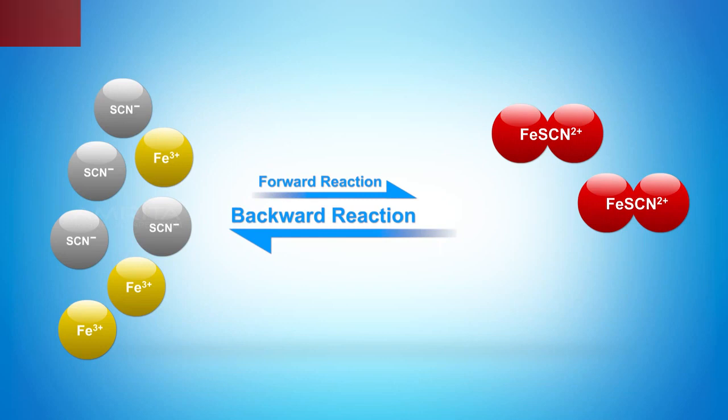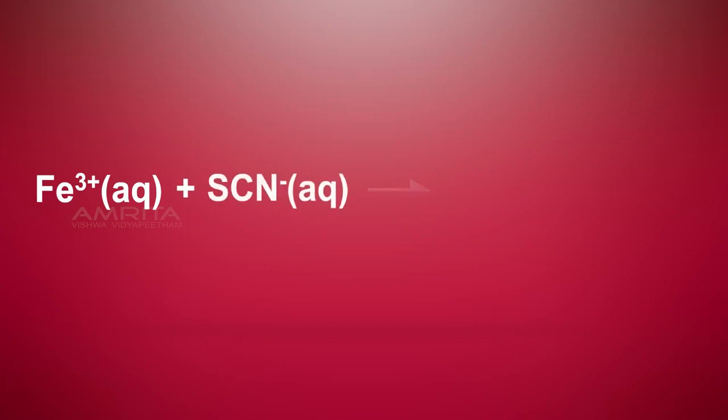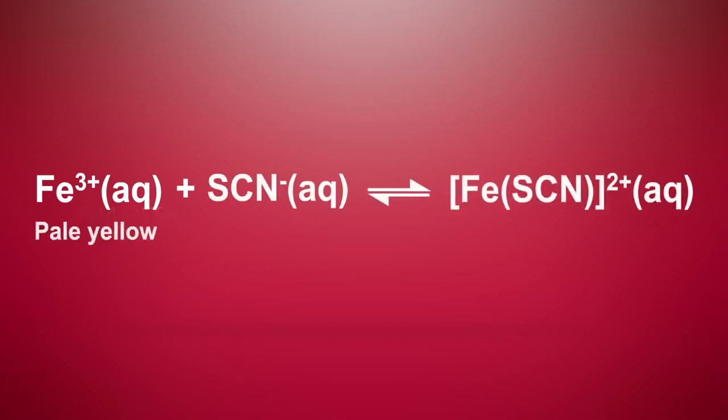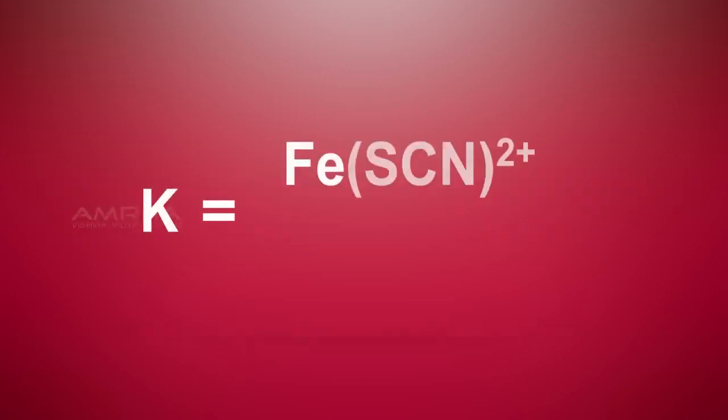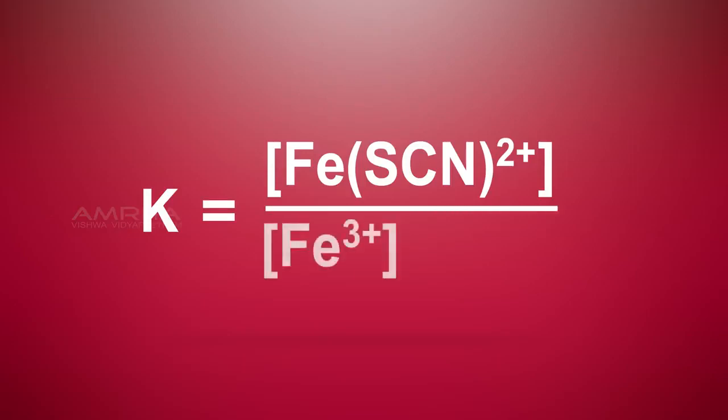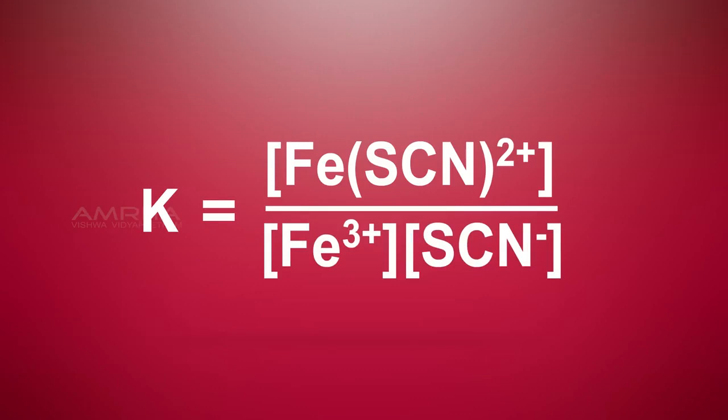In the case of equilibrium between ferric ions and thiocyanate ions, ferric ions react with thiocyanate ions at room temperature and pressure to form deep red-colored ferric thiocyanate complex. The equilibrium constant for this reaction can be represented as K is equal to the concentration of ferric thiocyanate complex divided by concentration of ferric ion into concentration of thiocyanate ion.